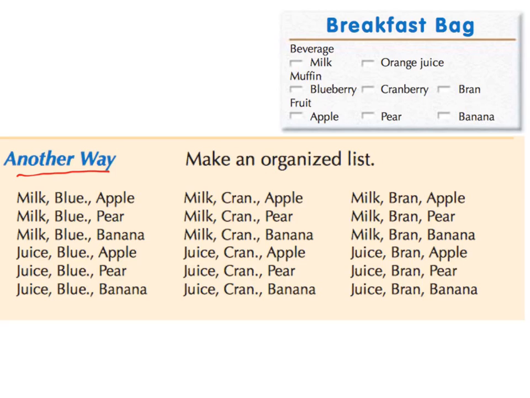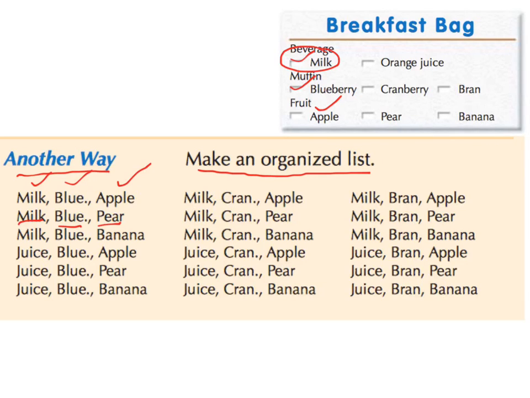There's another way of knowing how many choices you can have, just by preparing a list, making an organized list. Let's take you chose milk. Then you can choose blueberry as a muffin. And then you can choose apple. Then another choice is milk, blueberry and pear as the fruit.